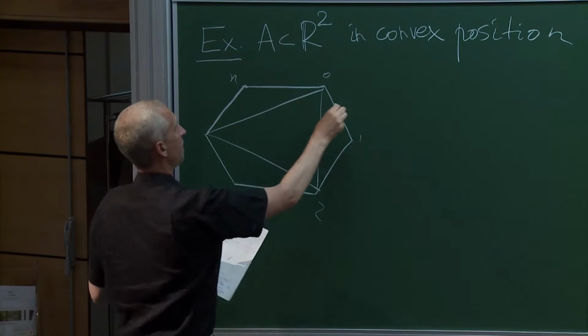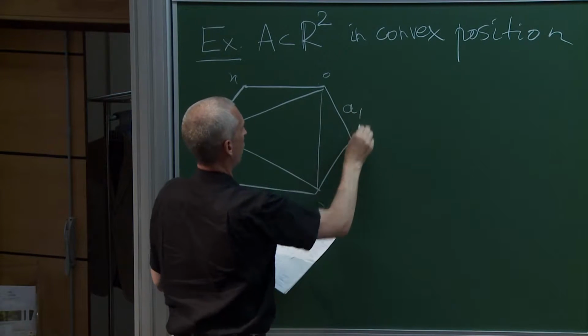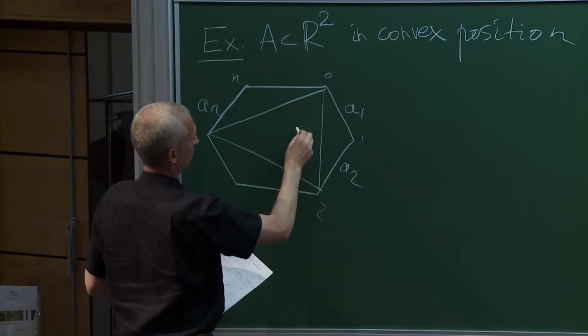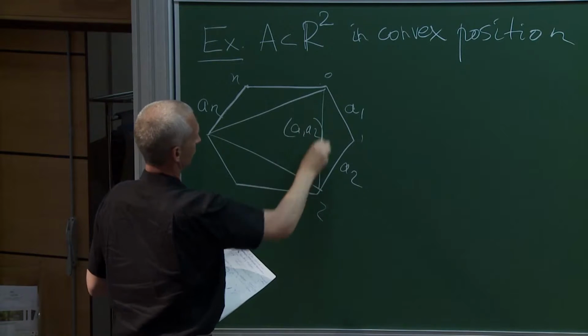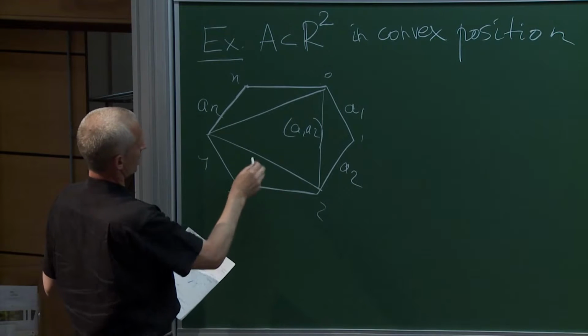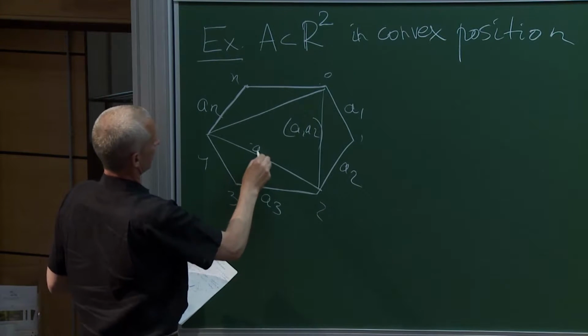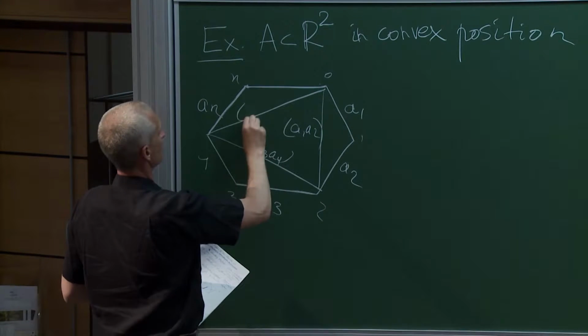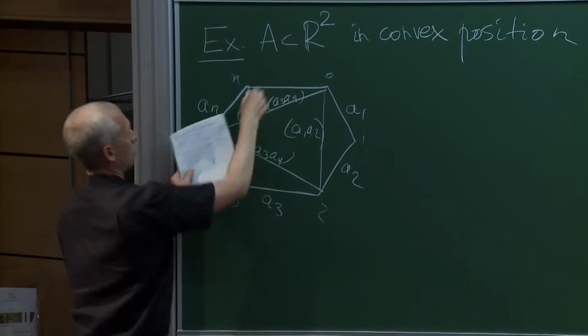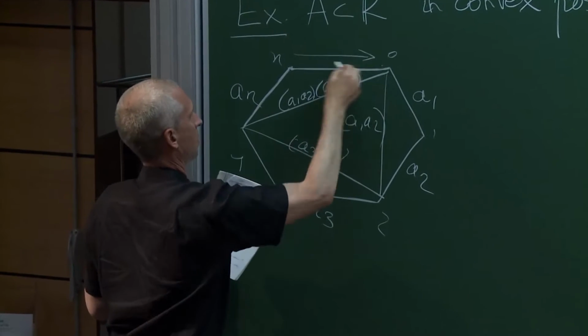So if, for instance, I write here A1, A2, up to AN, here I write some bracketing. This will be A1, A2; this is 3, this is 4, so this would be A3, A4. This would be a bracketing like this, and so on.